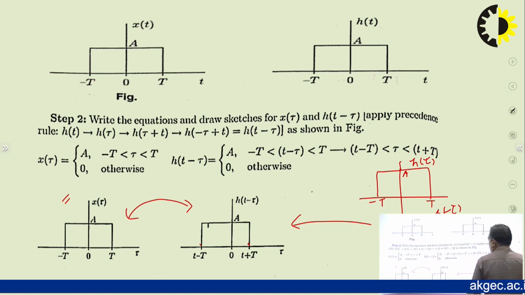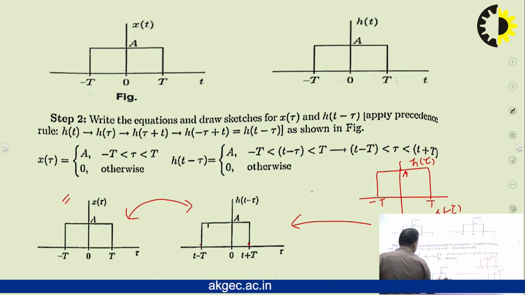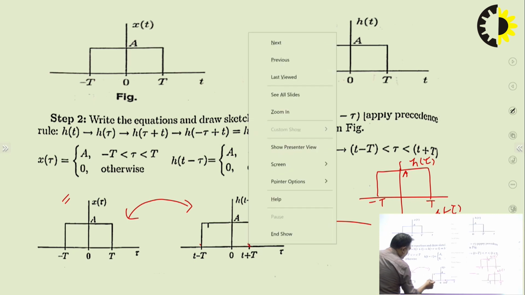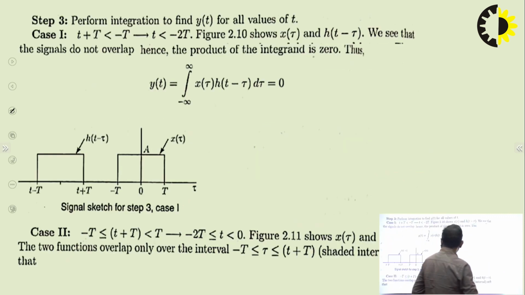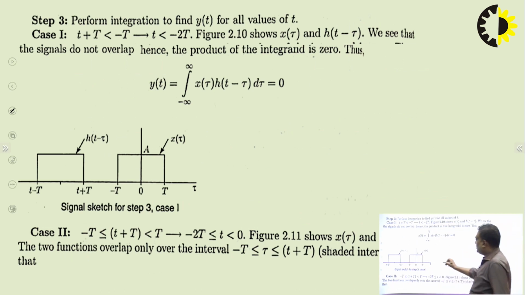First of all, let us suppose in the first case we are entering this particular signal over this signal from this side. So the first condition is that the point t plus T will exist somewhere here, meaning t plus T is less than minus T. So this will be the situation.